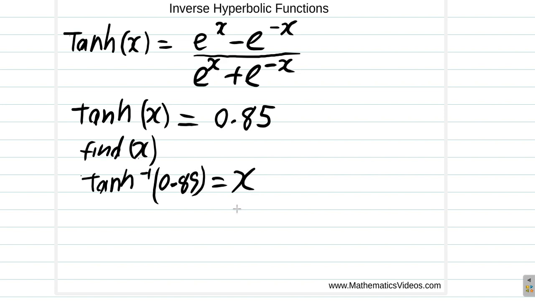So the tangent of an angle gives you a certain number. So therefore the tangent inverse of that number will give you that angle. So here, that's where the inverse hyperbolic function would come in.